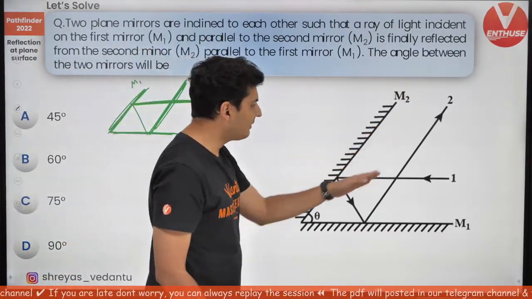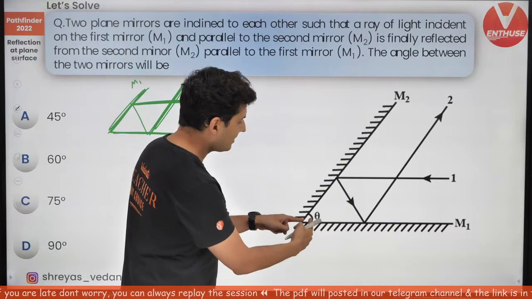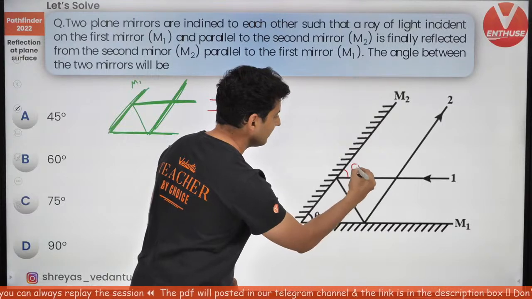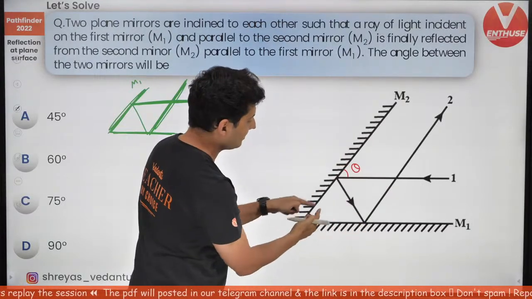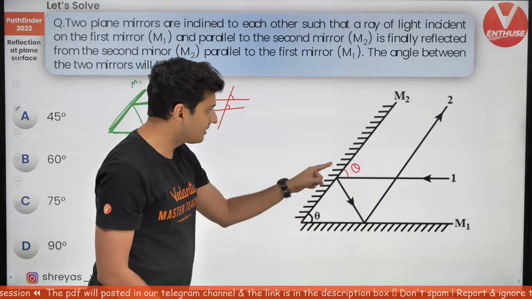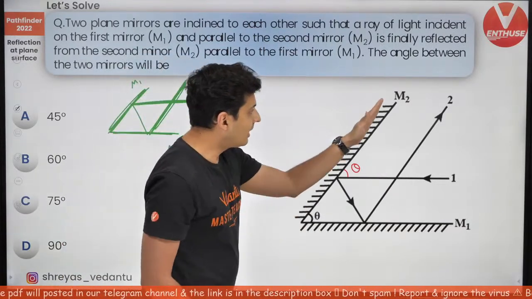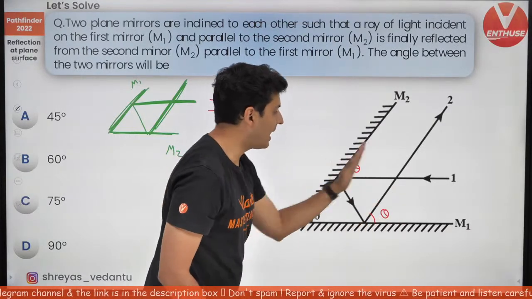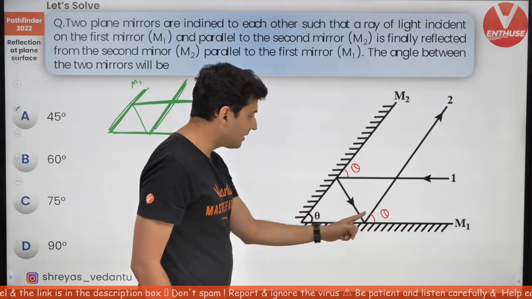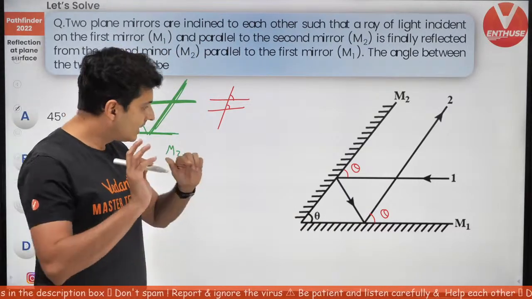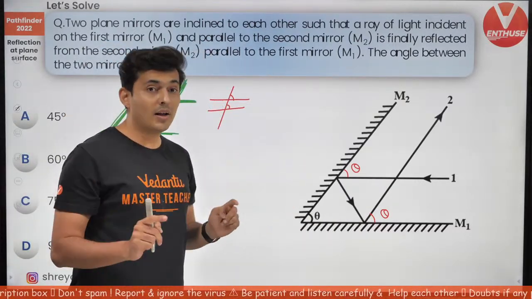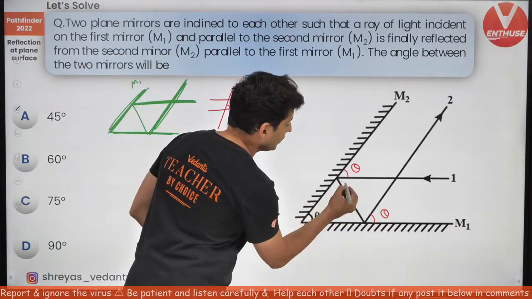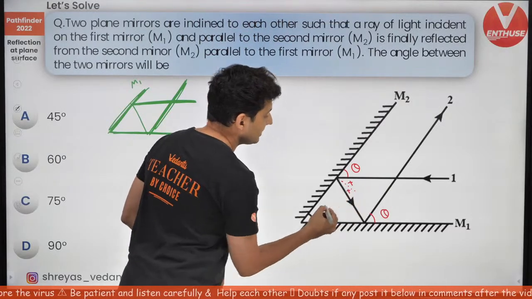So if this is theta, for these two lines, obviously this angle will be theta, because two parallel lines and the same line intersecting, these angles will be theta. Next, because angle of incidence is equal to angle of reflection, if I draw the normal, this angle will be equal to this angle.